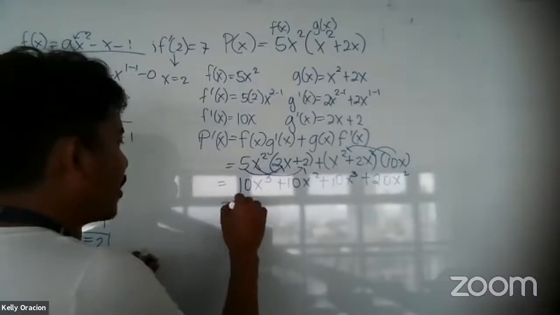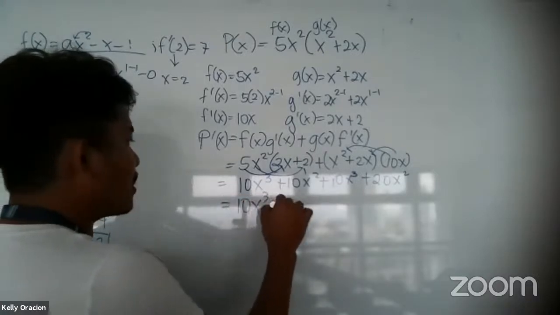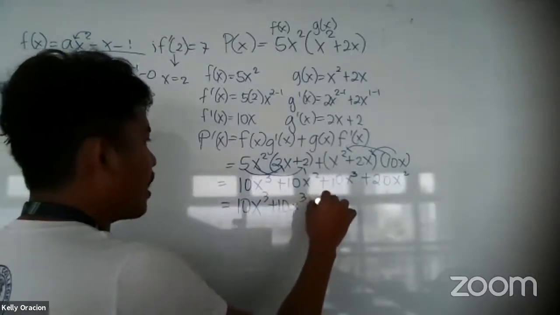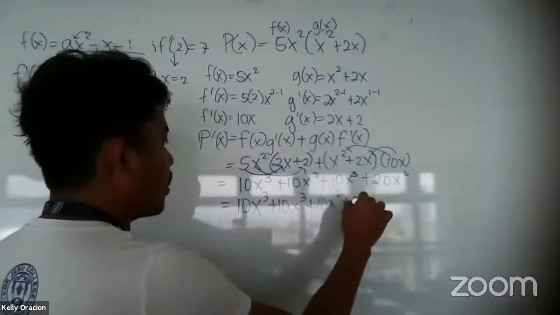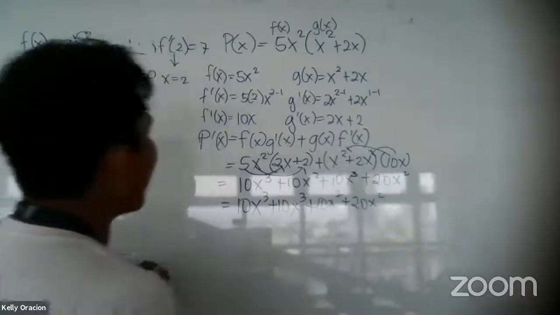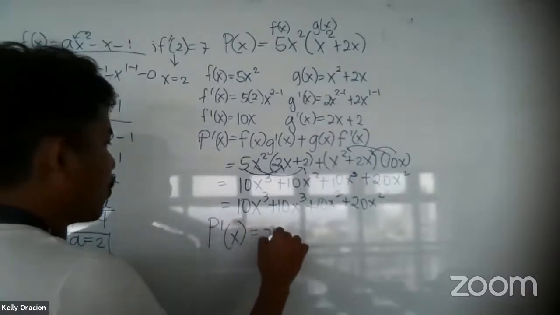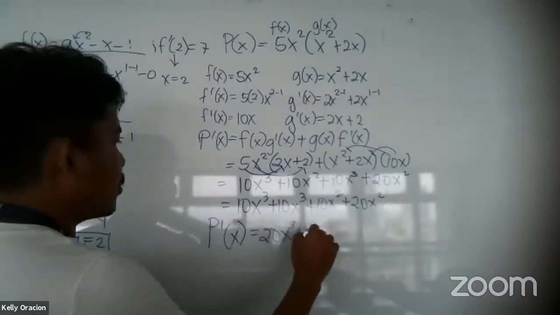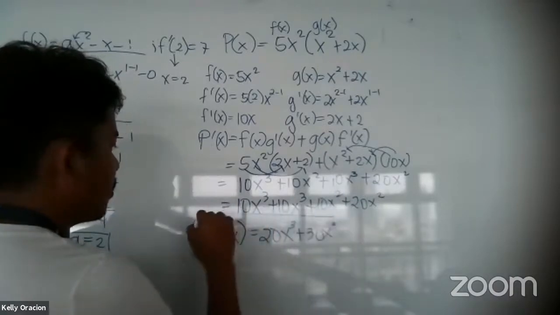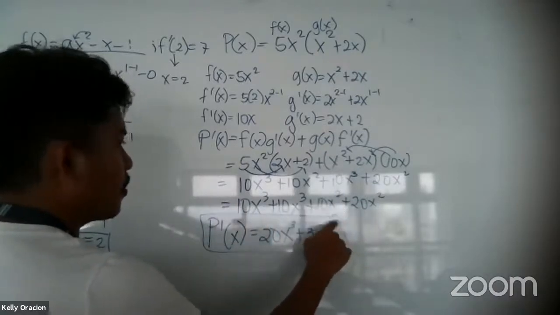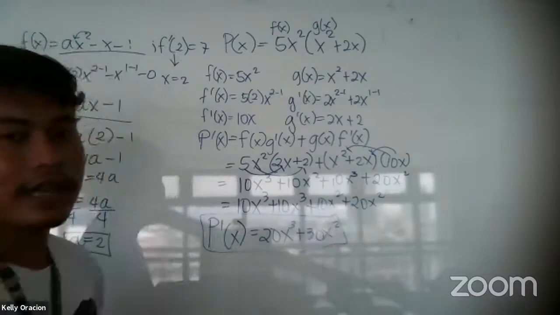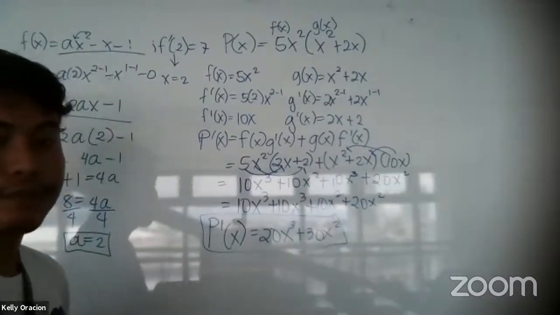Then combine like terms: 10x cubed plus 10x cubed, plus 10x squared plus 20x squared. And you will have the final answer: P prime x is equal to 20x cubed plus 30x squared. And that is the final answer.